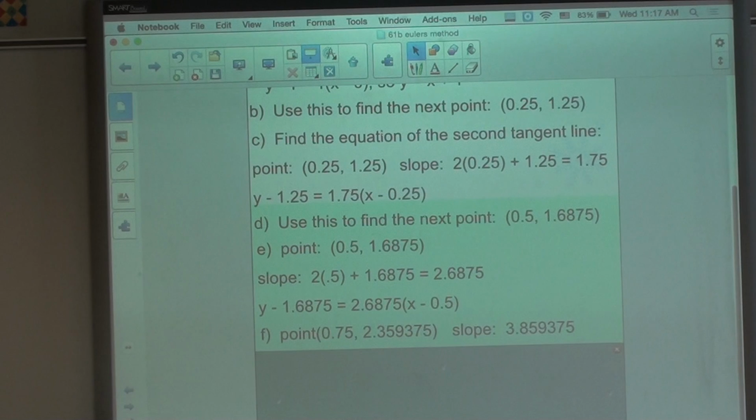What do you get for the y value? The next slope was 2.68. I'm almost 100% guaranteed wrong. This is wrong, I'm 98% sure. It should be 1.68. Yeah, try putting in the 0.5 again.